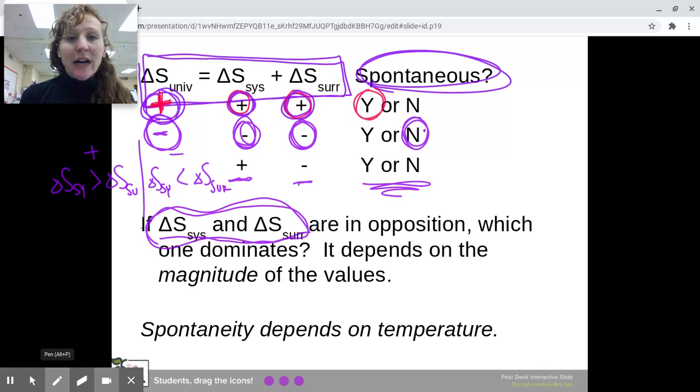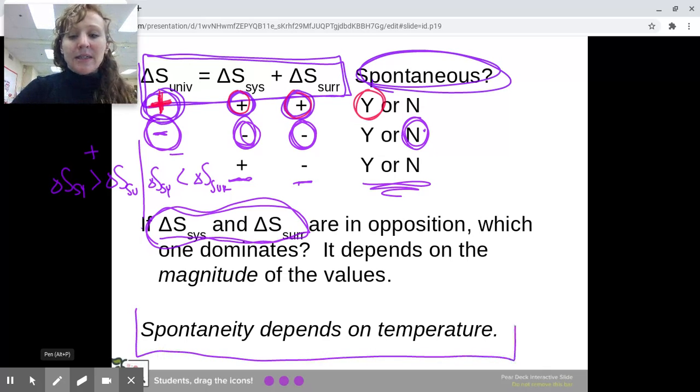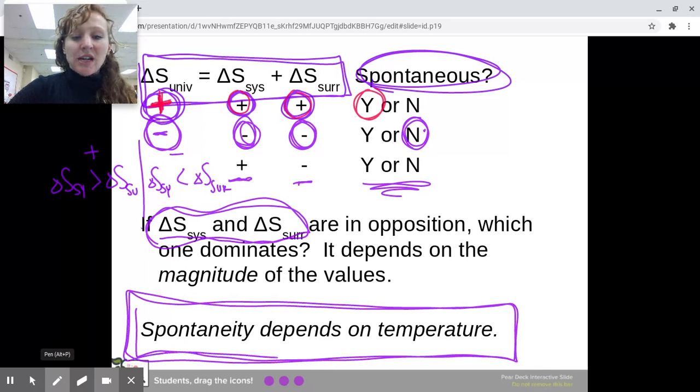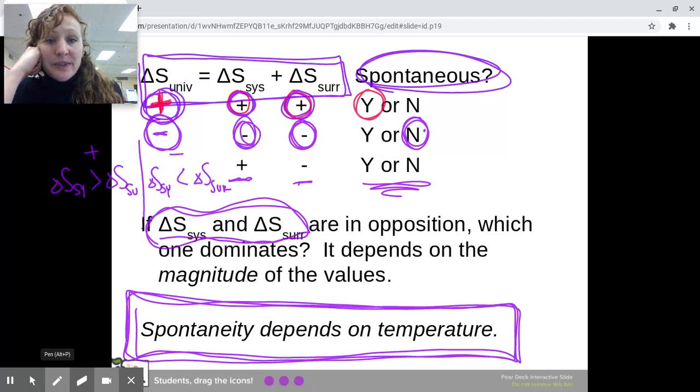Now, what you're going to find out, this whole section, is how spontaneity is dependent on temperature. So here's your key. Here's our purpose for the next couple slides. Temperature is going to make the difference here, but why? Why does temperature make a difference in terms of the spontaneity of the process?